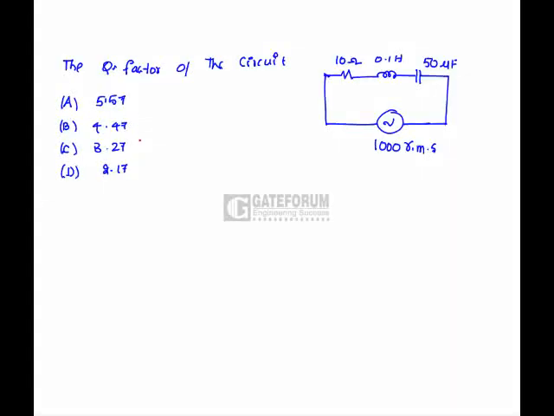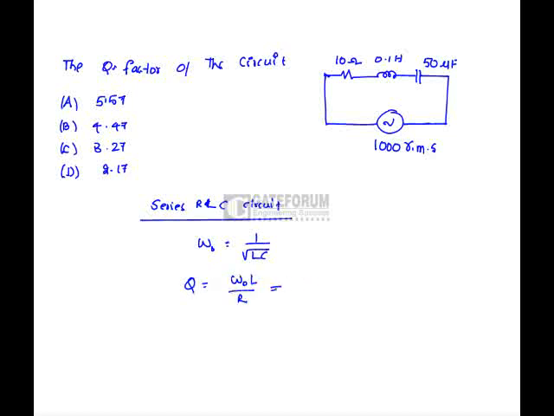For the Q factor of the following circuit, this is a series RLC circuit. For a series RLC circuit, we know omega naught is 1 by root LC and the Q factor is omega naught L by R. So if we substitute, the Q factor is 1 by R under root L by C. So 1 by 10 under root L is 0.1, C is 50 into 10 power minus 6.